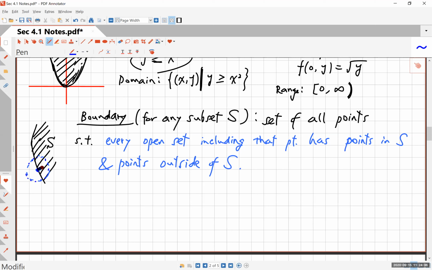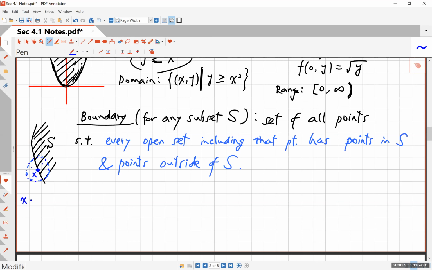All the points within epsilon distance of a point, let's call this point x, right? So we say x is a boundary point because any small open subset of this space, or any small open set including x, does contain both points in S and points outside of S, right?